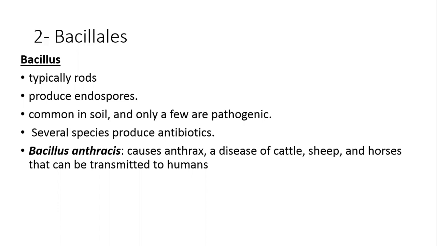And anthrax is a disease of cattle, sheep, and horses, and definitely it's a zoonotic infection, meaning it can be transmitted to humans. So Bacillus anthracis and the other types of Bacillus usually produce endospores which are centrally located. This is one of the remarkable differential properties, that you can differentiate the rods of Clostridium from those of Bacillus by looking at the position of the spore within the cell.